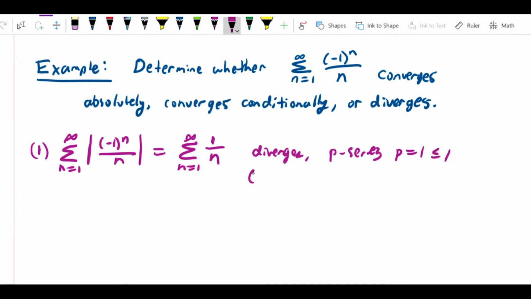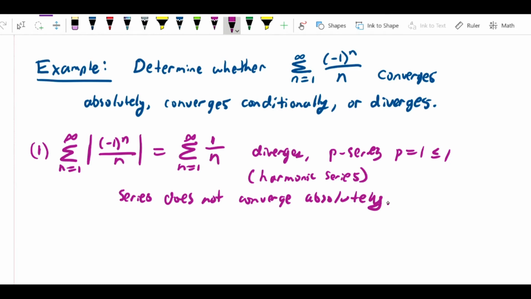Do you recall, there's another name for this particular series: the harmonic series, the special name for the p-series with p equals 1. So we can certainly say that the series does not converge absolutely.